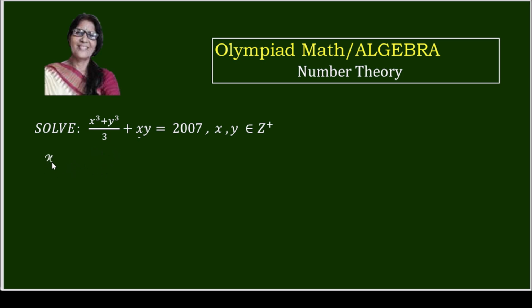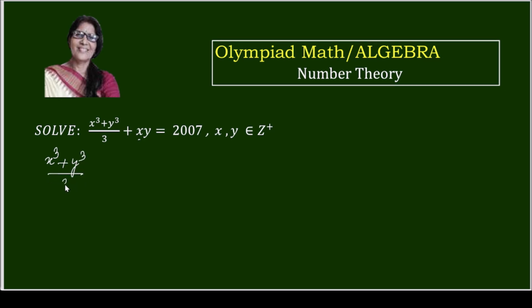So I'm rewriting the equation. We'll solve it. That means we'll find x and y when both are positive integers.